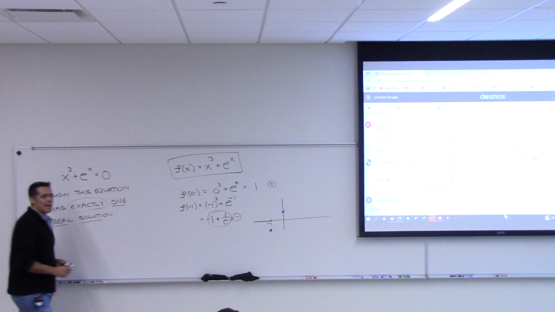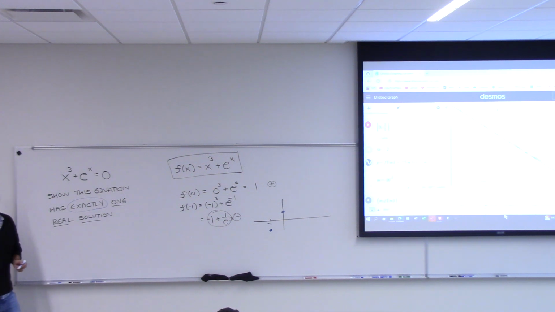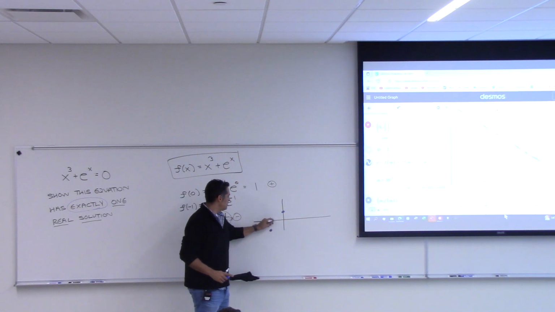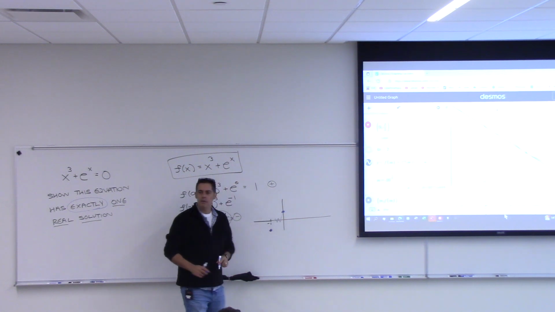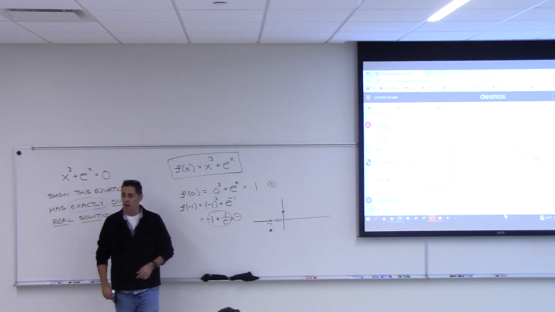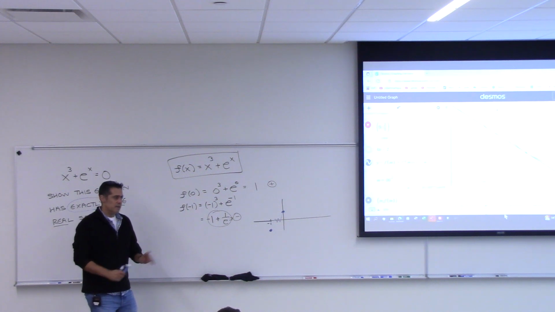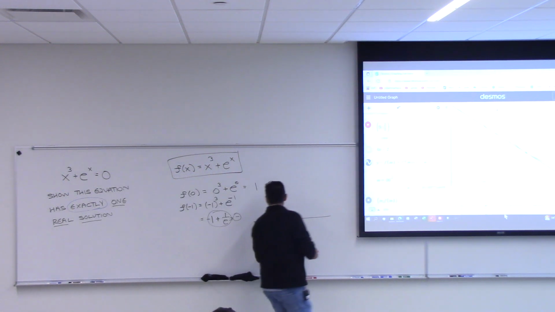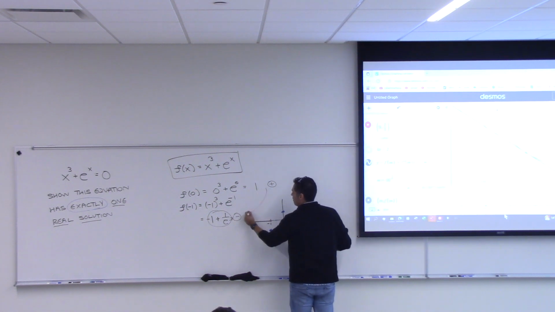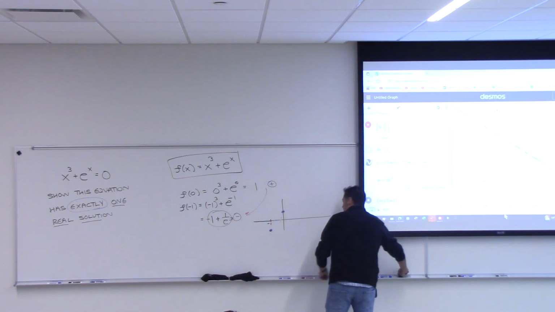Show me it has exactly one answer. So right now we know it does cross through here, right? But what if it does this? Right? It could have 4 answers, right? It's saying to show that it has exactly 1. You understand? So right now, where we are at this point, the fact that it switches from positive to negative, all that tells us is this.